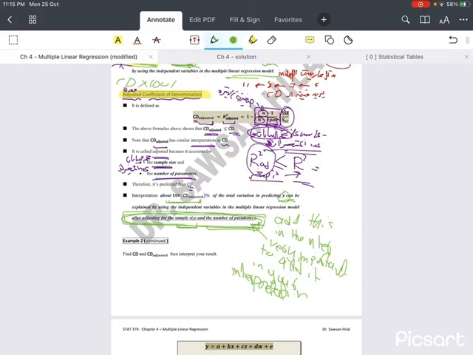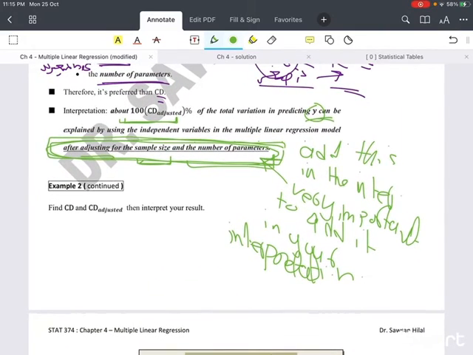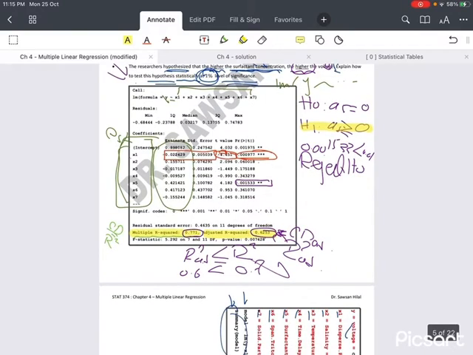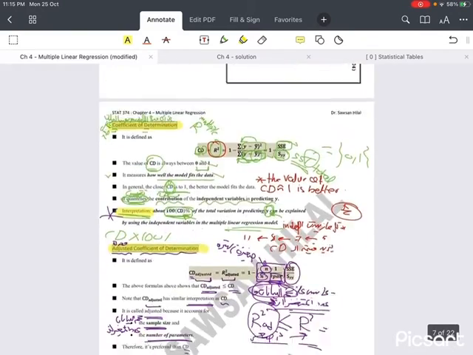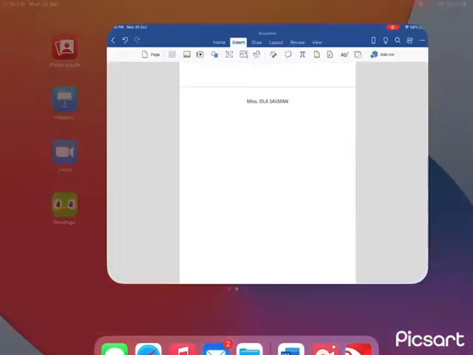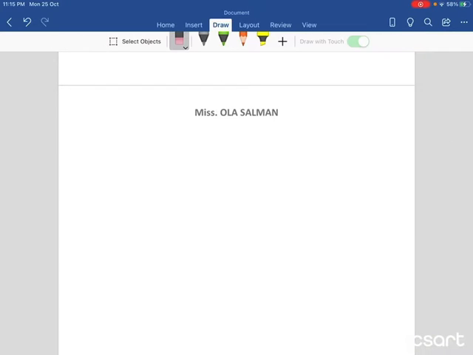Here they said to find CD and CD adjusted, then interpret your result. We already found them here at the output, but we will write them in a nice way using Word.